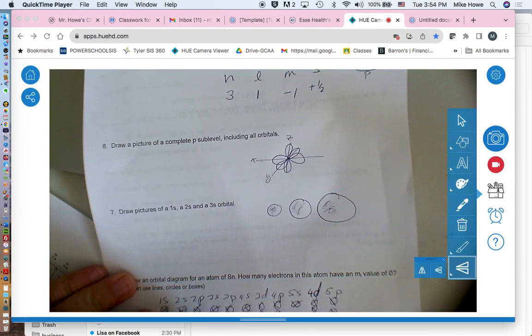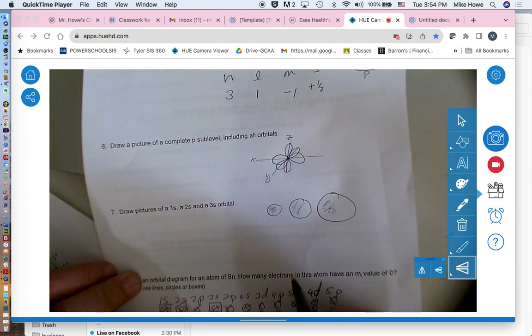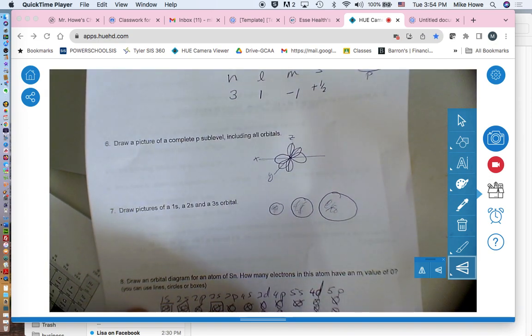I'll put a square around the m equals 0 orbitals. So all the s orbitals are m equals 0. The middle orbital on the p is m equals 0. The middle orbital on the d is m equals 0.